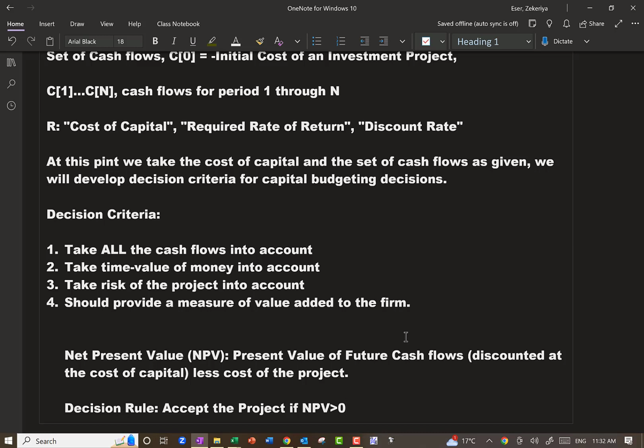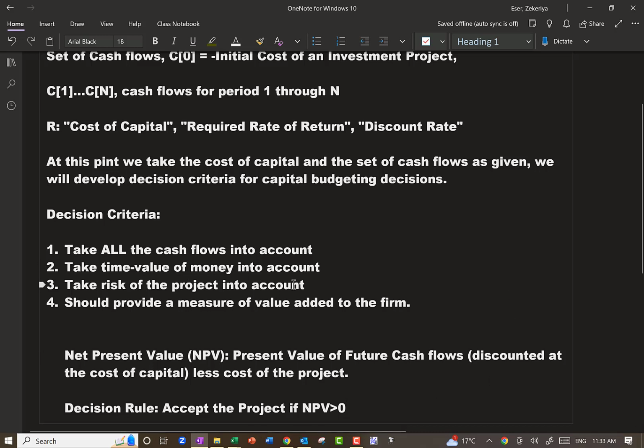The way it's calculated, present value of future cash flows less the cost of the project. By its very definition, it takes all of them into account. It calculates present value of all the future cash flows and minus initial cost.